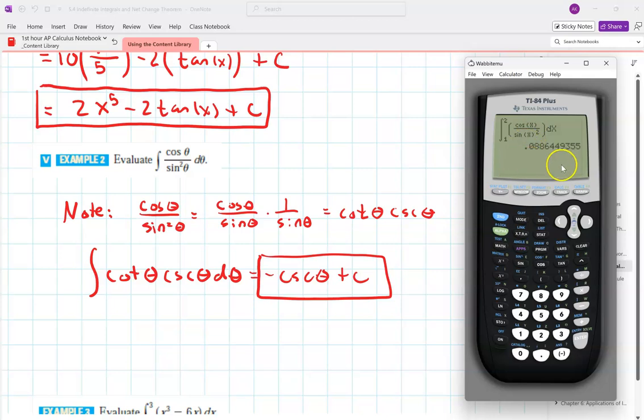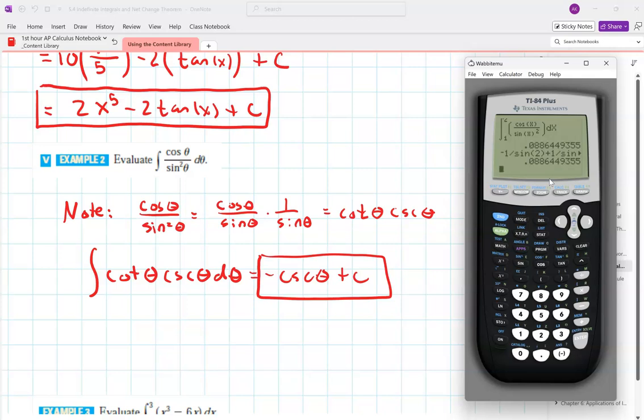So there's that. Now let's say my antiderivative was this. So this would be negative 1 over sine of 2, and then minus a negative, so plus 1 over sine 1. Got the same result, so I should feel pretty good about this. So even on an indefinite integral, if you have your calculator, you can use it as a checker if you're not quite sure if you did that right.